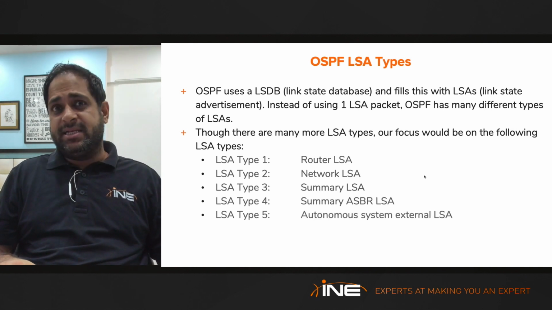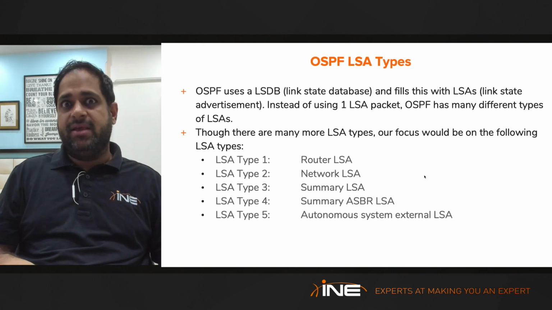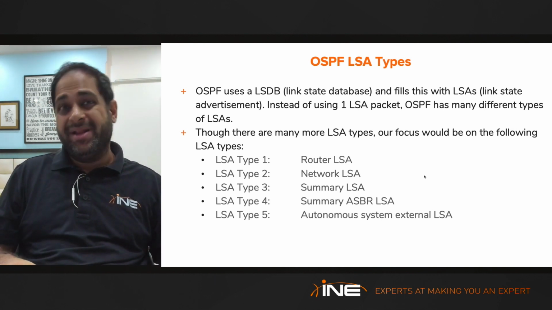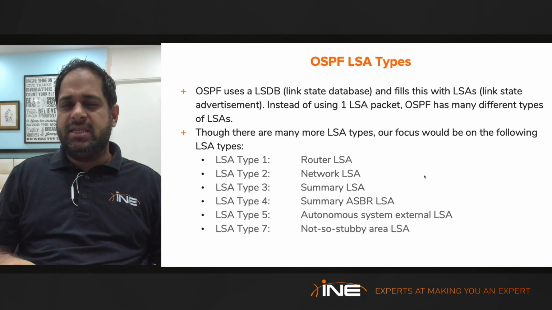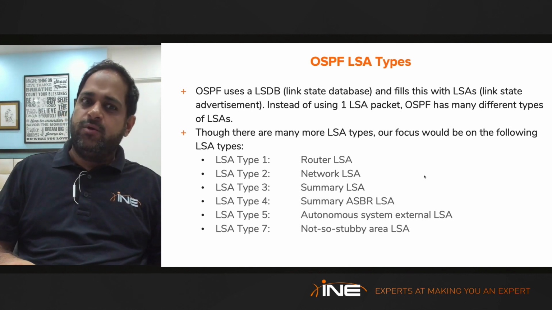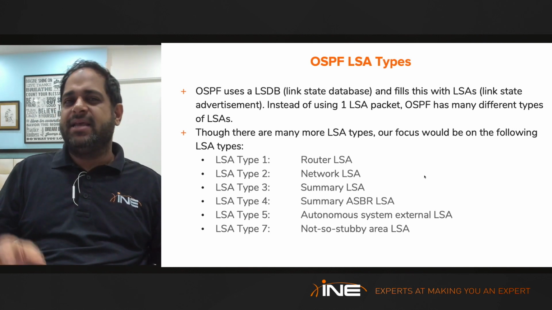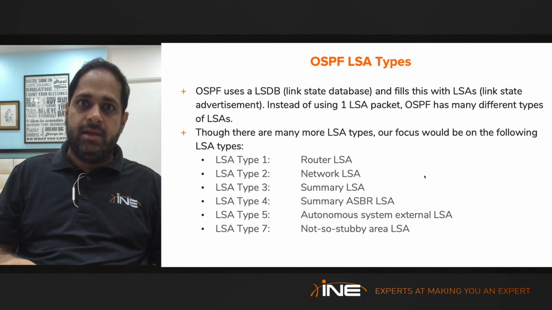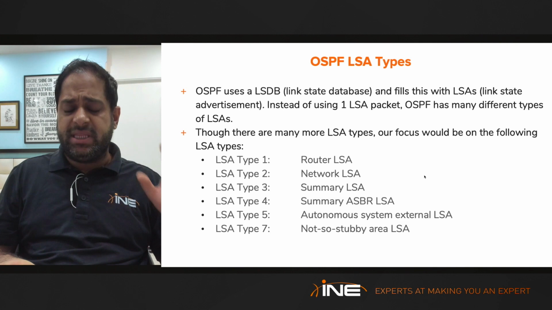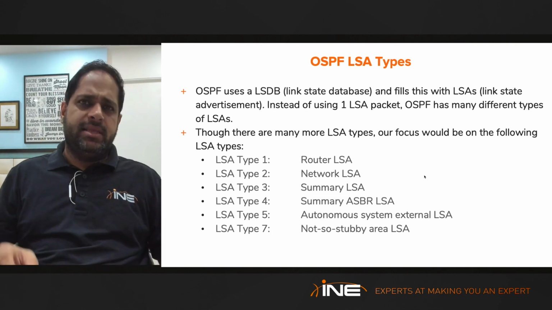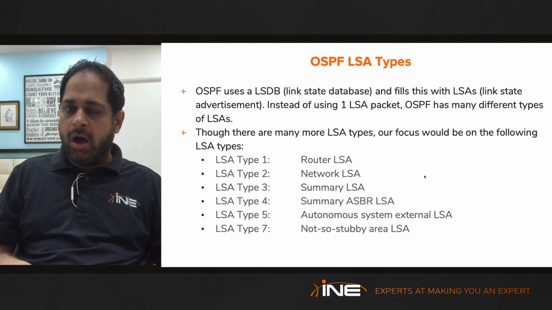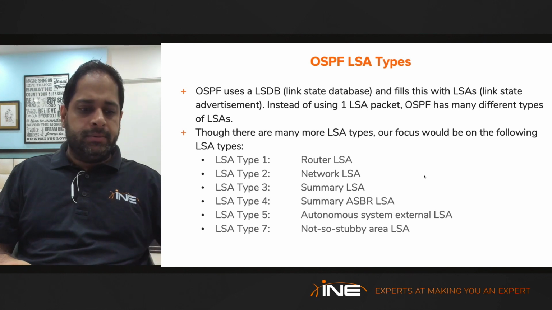And then LSA type 5, which is the external LSA, basically the routes you learn from an ASBR. And then lastly, we would look at LSA7, which is the NSSA external LSA, for not so stubby areas. So these are the only LSAs that I would majorly focus on in this webinar.